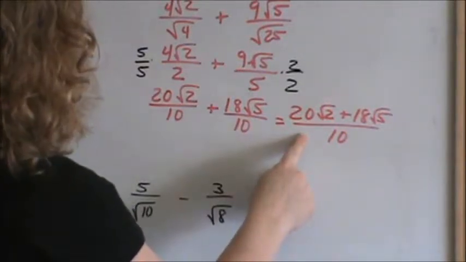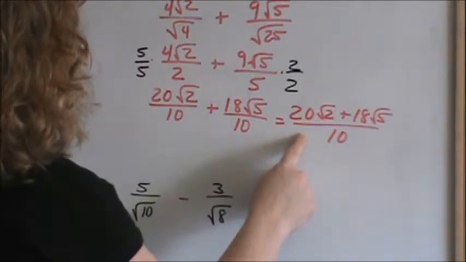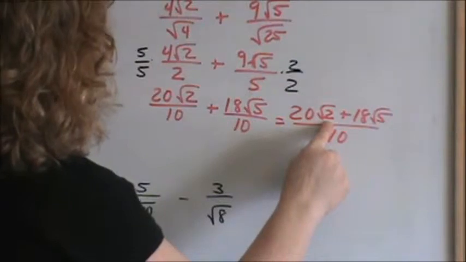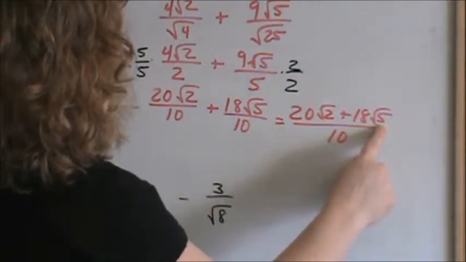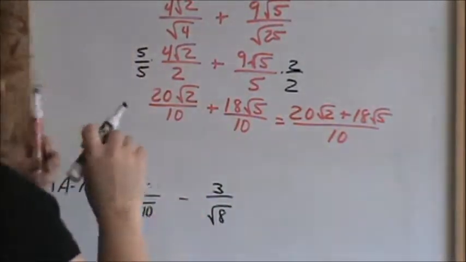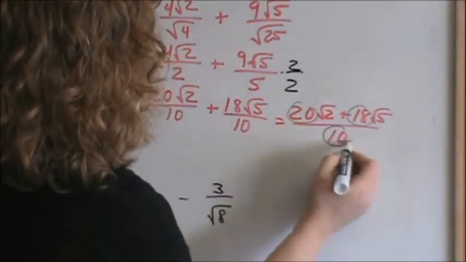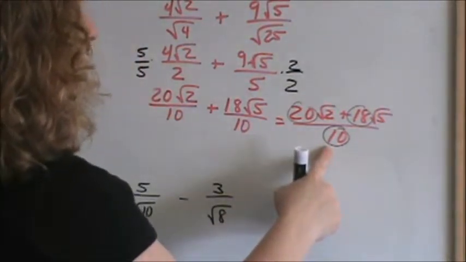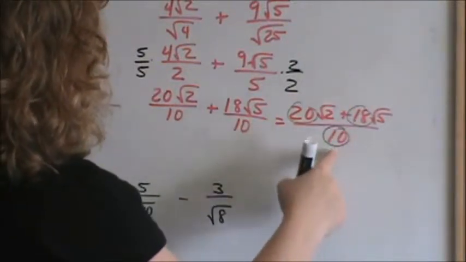The last step was you look to see if you can reduce whole numbers or simplify your radicals. I cannot simplify square root of 2 any more than that, and I cannot simplify square root of 5 any more than that. So now I look to see if I can reduce my whole numbers. 20, 18, and 10 can all be reduced by 2. You can only reduce your numbers if you can reduce all 3 of them by the same thing.